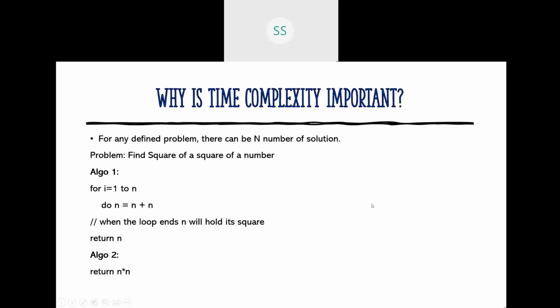Ma'am, algorithm 2. Okay. Why is it 2? Ma'am, because for square we need the value n, like n into n. Okay. So in algorithm 1, we have 3 steps.